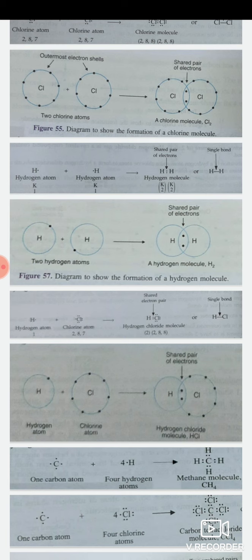Hydrogen needs to complete its duplet, and the chlorine atom needs to complete its octet. So hydrogen chloride is formed by sharing one electron. Hydrogen shares its one electron, and chlorine also shares its one electron. Here you can see the shared electron pair between hydrogen and chlorine, and therefore a single bond is formed between hydrogen and chlorine, and the molecule formed is hydrogen chloride.